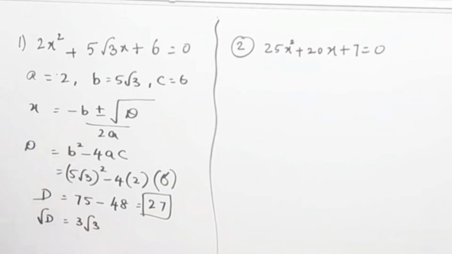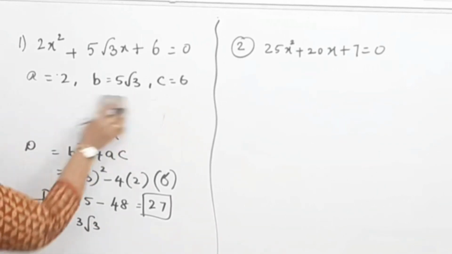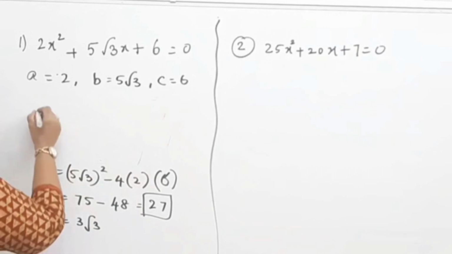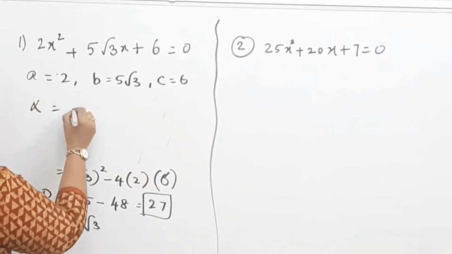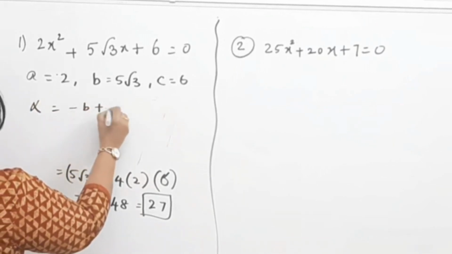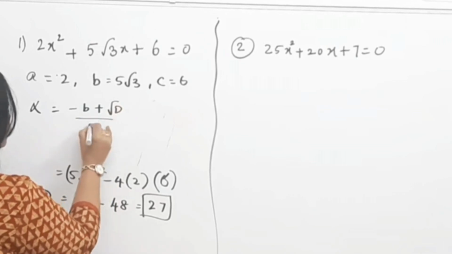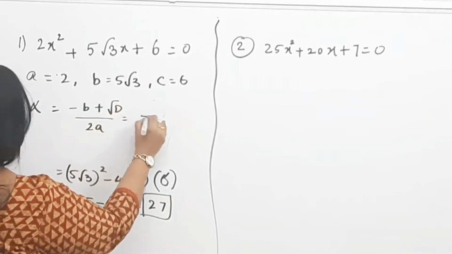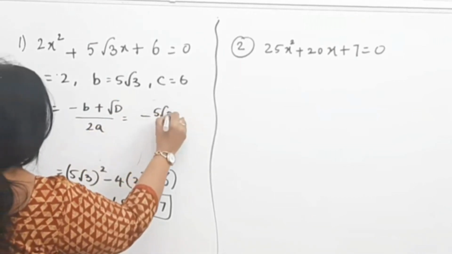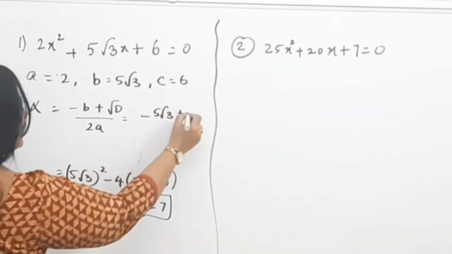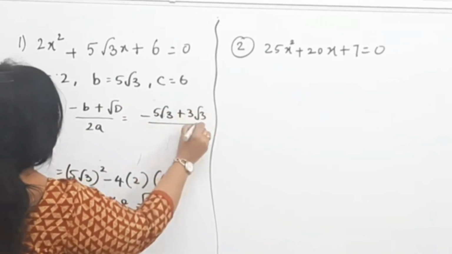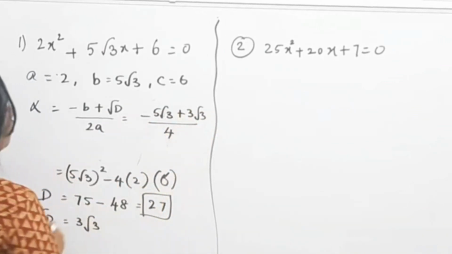Now I'll go and substitute in my values here. So my alpha is equal to minus b plus root d divided by 2a, which is equal to minus b is 5 root 3 plus root d is 3 root 3 divided by 2 into a, which is 4.